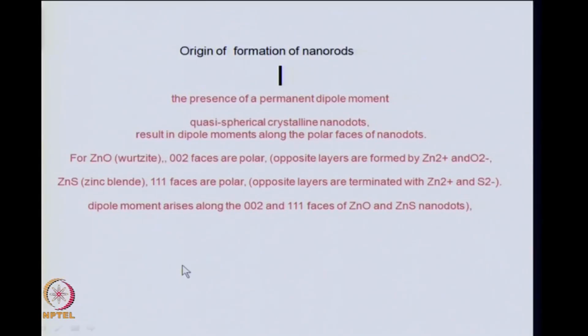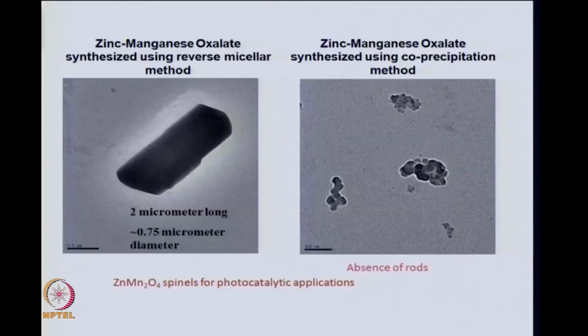So, the dipole moment along the 002 face of zinc oxide and the 1-1-1 face of zinc sulphide is important for the growth of nanorods in this system.